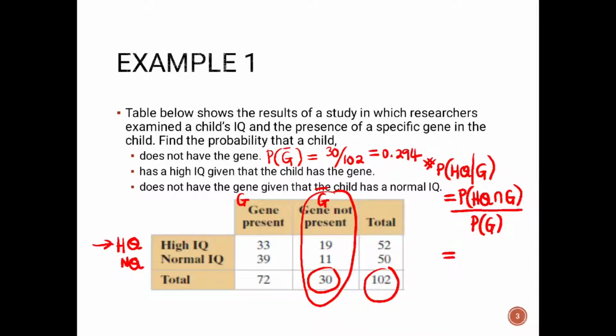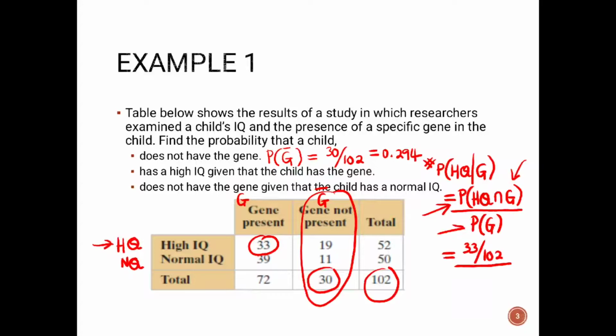Let's look at the numerator, the upper part here. Where is the intersection of high IQ and G? This is the one: 33 over 102, because we have the probability symbol, so it must be 33 over 102, and then over.